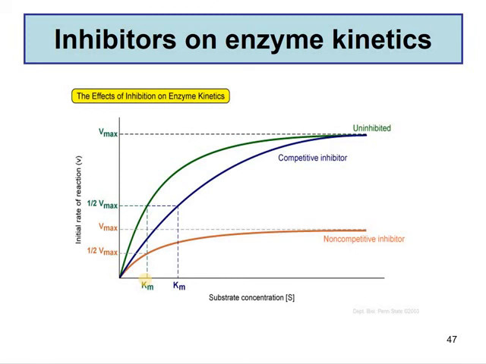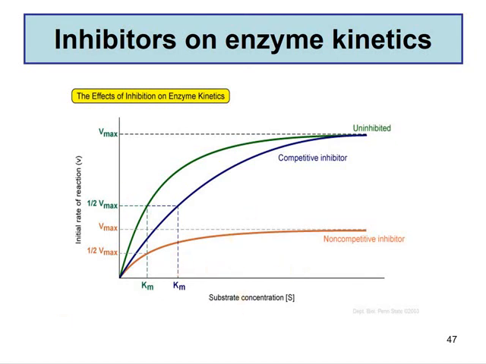But then because of the inhibitor, the Km becomes large because it takes long for the substrate to actually get into the active site, because remember the active site was blocked. Therefore, that's why the substrate concentration had to be increased to displace that. Okay?